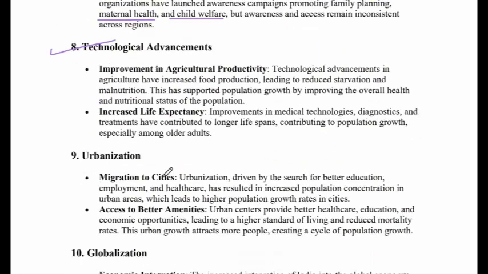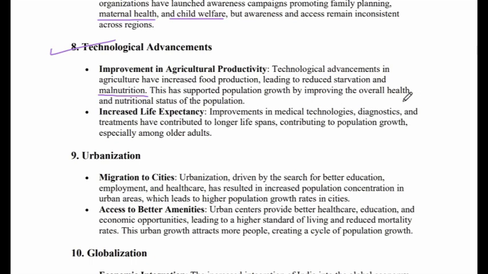Technological advancements. Technological advancements in agriculture have increased food production, leading to reduced starvation and malnutrition. Although this is a good thing, it has also helped in reducing starvation deaths and malnutrition deaths. This has supported population growth by improving the overall health and nutritional status of the population.